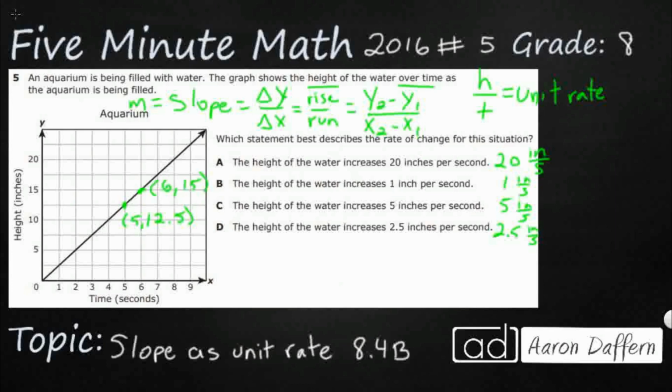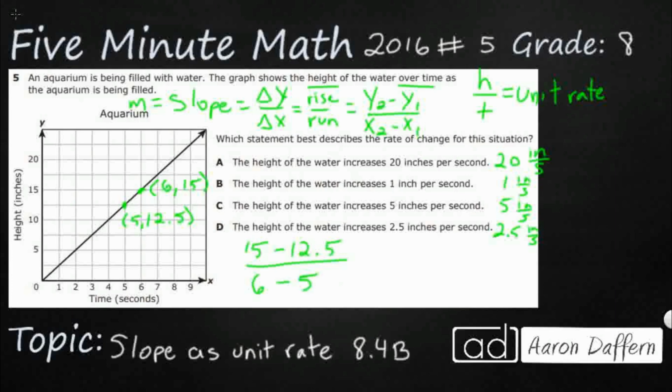Any 2 points along the line can be used for this. And let me see, we've got our y coordinates. So I've got 15 minus 12.5, and then you've got 6 minus 5.